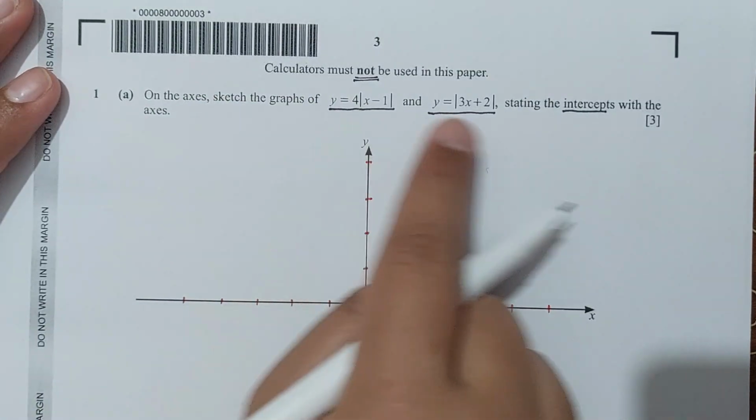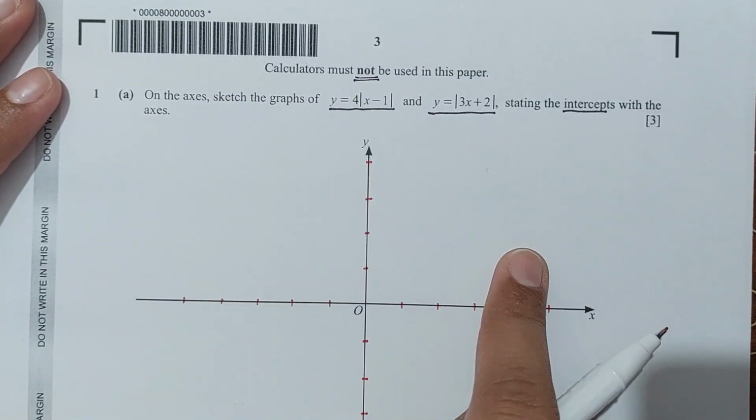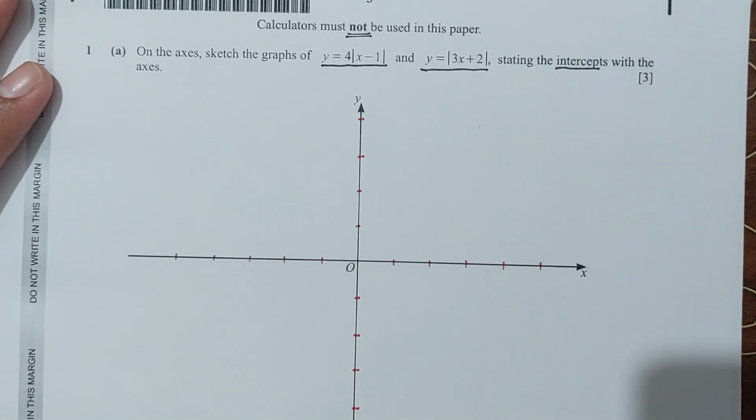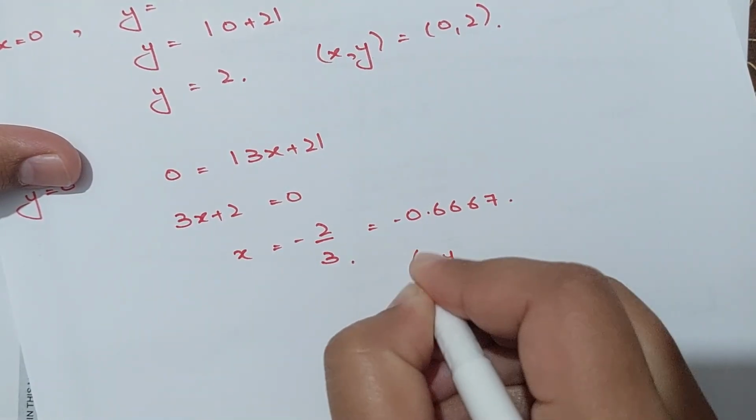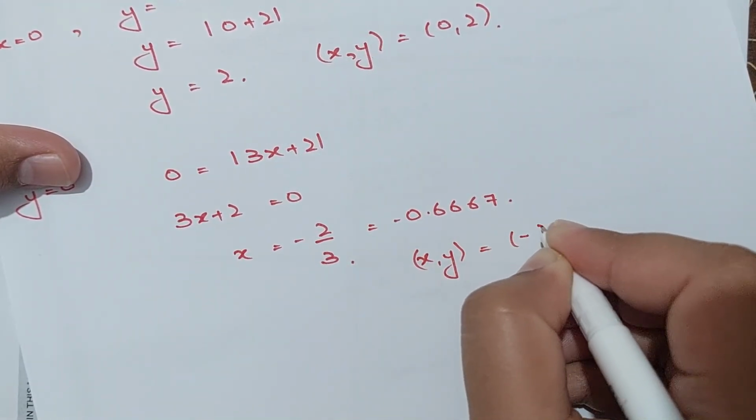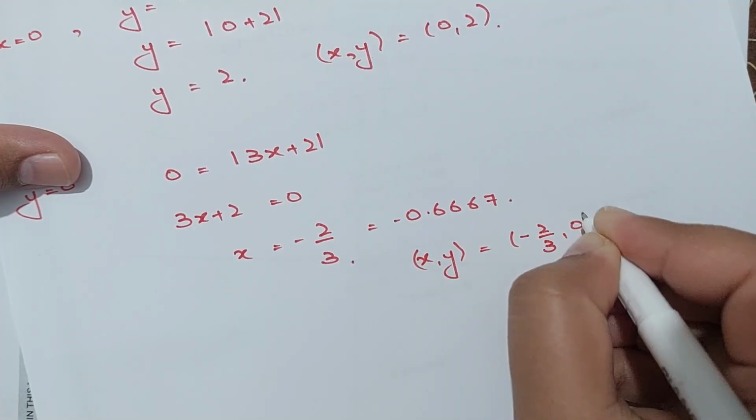Both are absolute functions, so it must be at the positive y's, not the negative y's, right? Let me label the x-intercept. This would be negative 2 by 3 and 0.